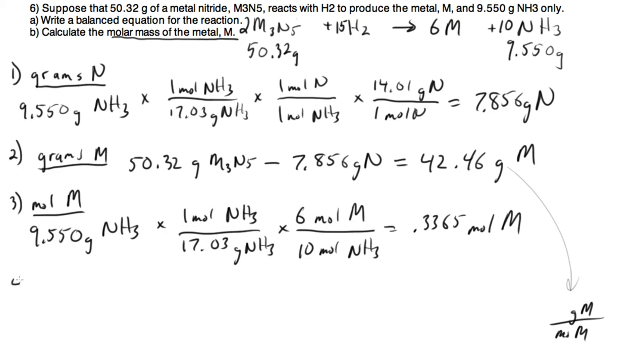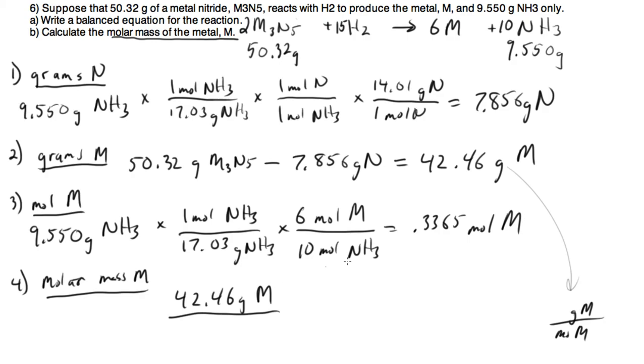Okay, so fourth is going to be my molar mass. Again, in this step, we wanted to isolate M. We needed a mole ratio with M in it. We could have used M to ammonia, or we could have used M to nitrogen. I chose ammonia. Okay, so the molar mass of M is going to be, we have our grams right here, 42.46 grams of M. And I have my moles.